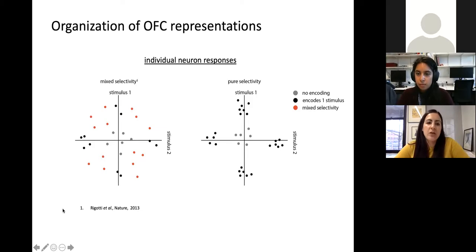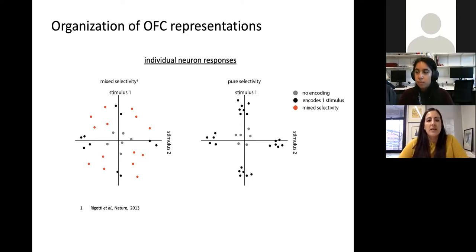Okay, so there's two different, very strong hypotheses about what encoding should look like in the prefrontal cortex. And you can think about this at the level of individual neuron responses or populations. So let's start with individual neuron responses, right?